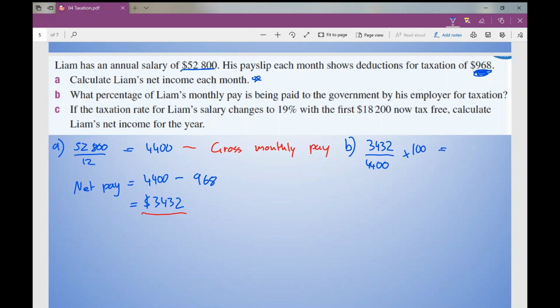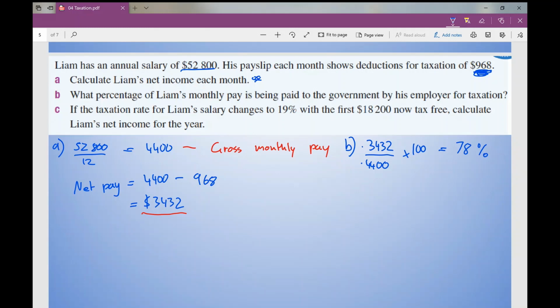So we take his net pay, divide it by the gross pay, and then multiply that by 100. Just put that straight into your calculator and you'll get 78%.